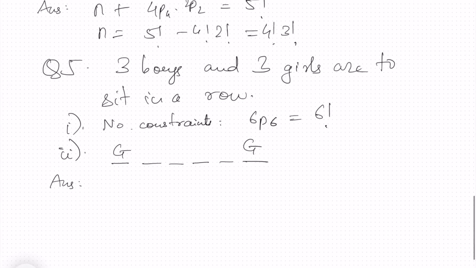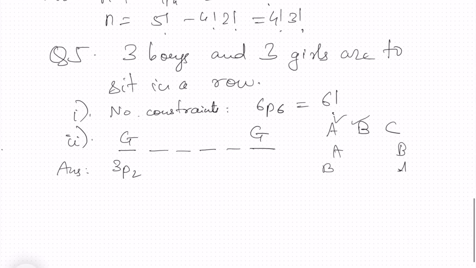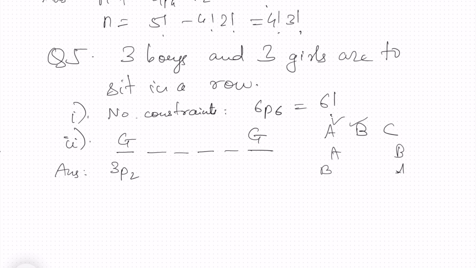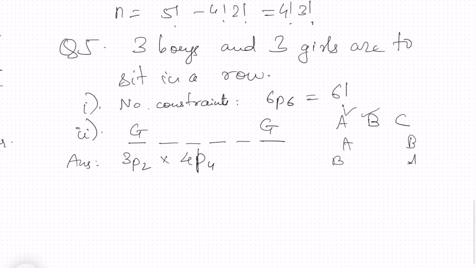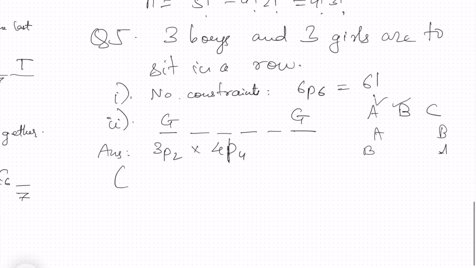So if the girls are A, B, C and I choose A and B, then it can be A and then B, or B and then A, right? So the arrangement also matters. So out of 3 I can select and arrange them in 3p2 ways. And because I have 4 people now left, 1 girl and 3 boys, I can arrange them in 4 factorial ways, or 4p4 ways.